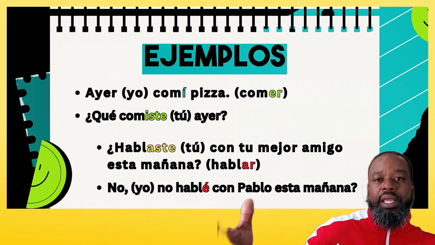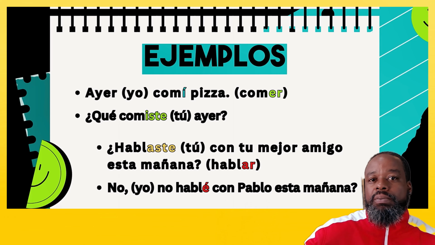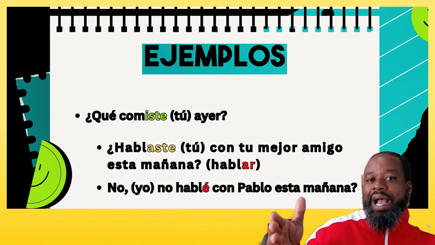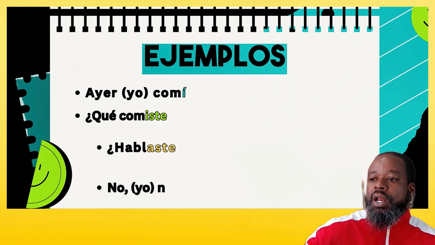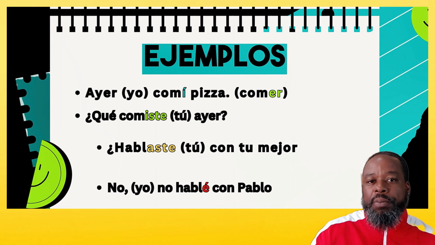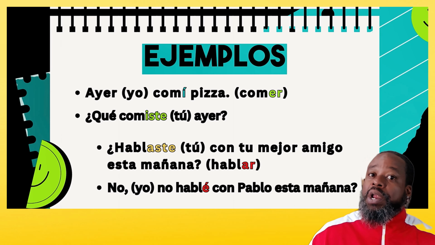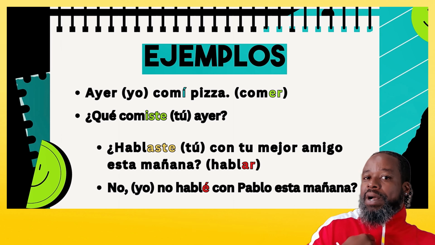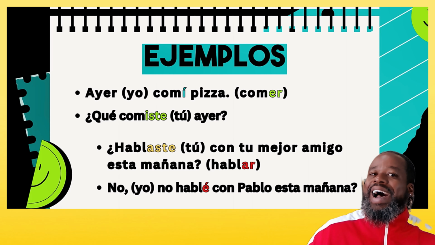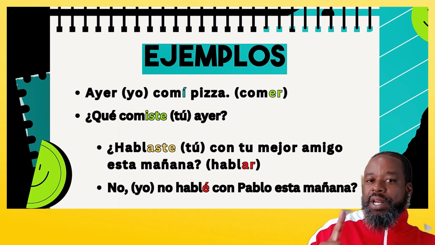Tenemos que usar í, comí, comer, iste, comiste. Y cuando tenemos verbos que terminan con AR, vamos a usar aste, con la forma de tú, y en la forma de yo, o en la primera persona, when I'm talking about myself, yo tengo que usar hablé, o la terminación verbal con hablé.